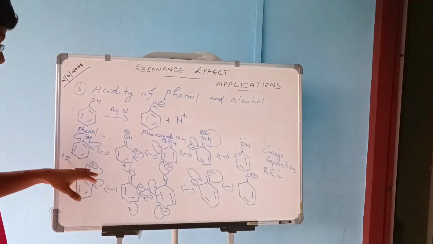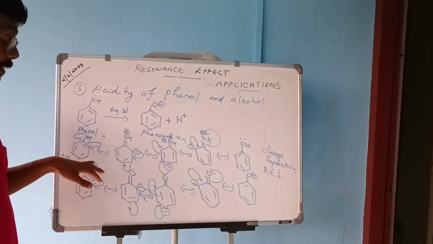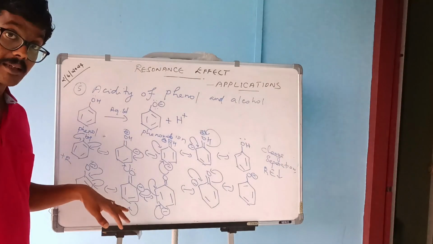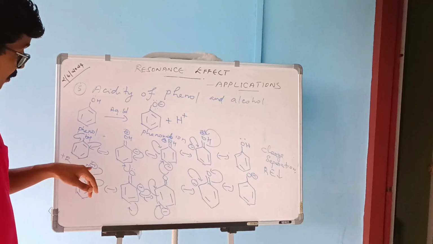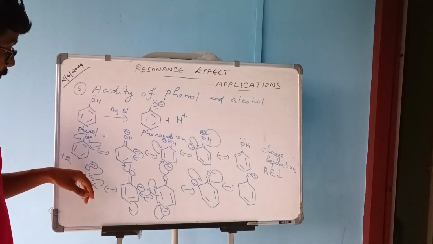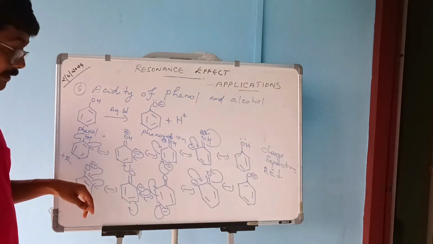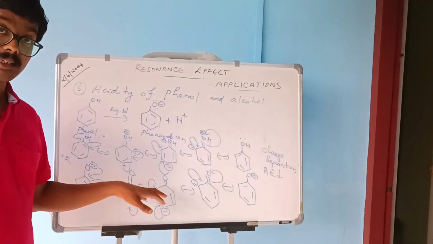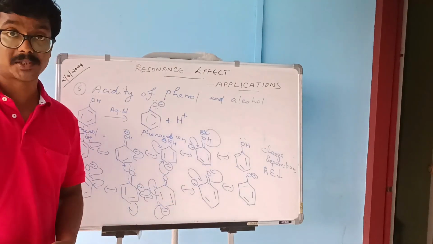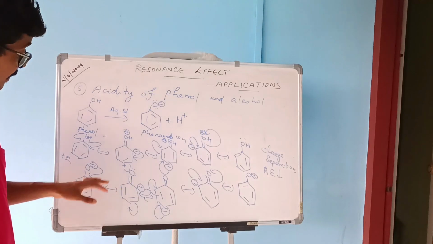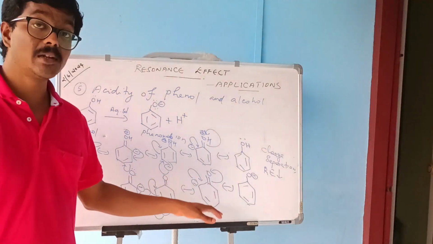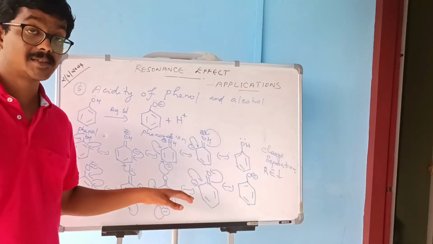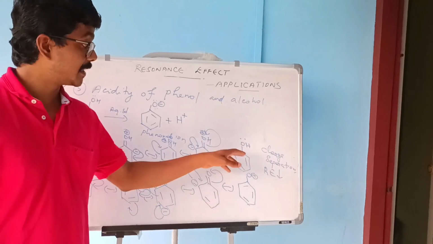When we consider phenoxide, there is a lone pair as well as a negative charge carried by the oxygen. That negative charge moves towards the benzene ring and gets delocalized throughout the structure. There is no charge separation. As a result, the stabilization of the phenoxide ion is very high, because it is more resonance stabilized than phenol.